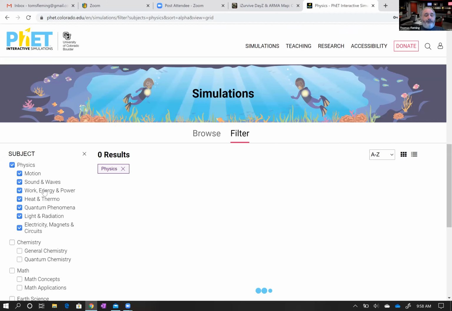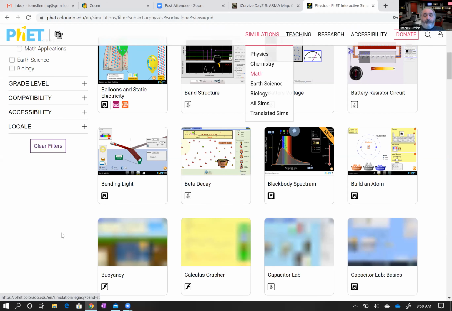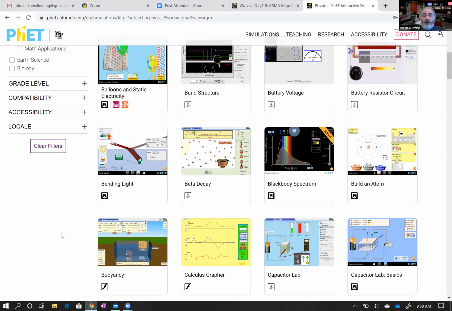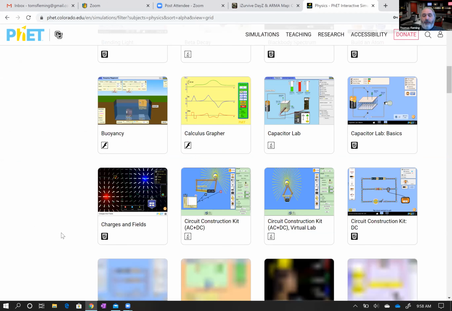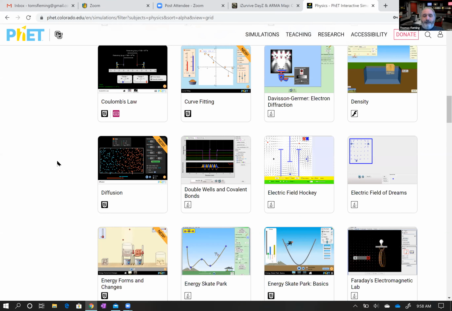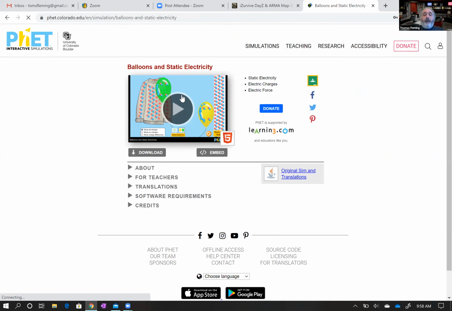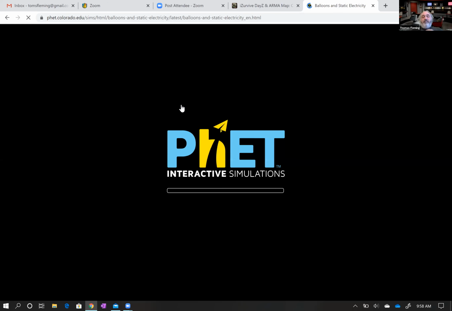There we go. I need that balloon sim. There we go. So we looked at this the other day when we were talking about conservation of charge.